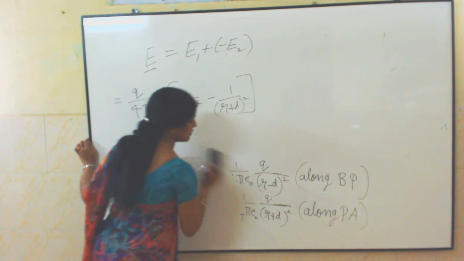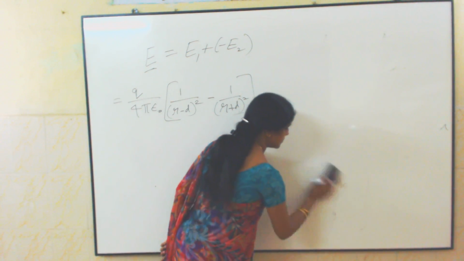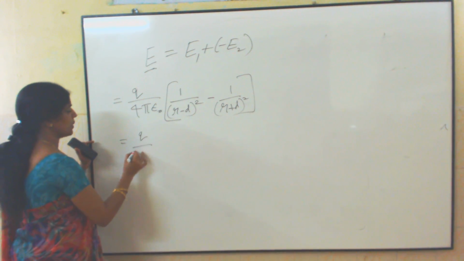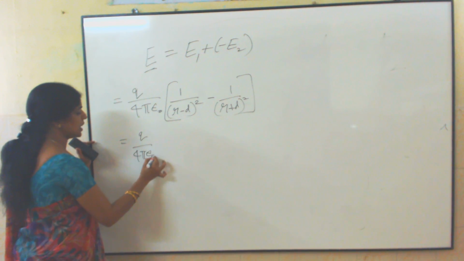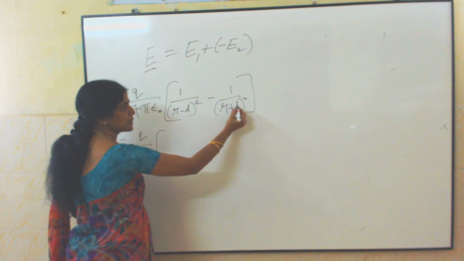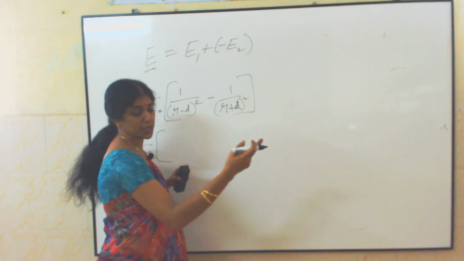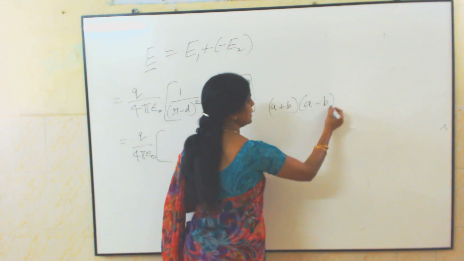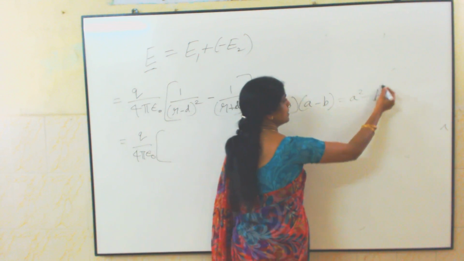Now, we will solve this. It is given by Q by 4 pi epsilon naught. So, if it is A plus B into A minus B, it is A square minus B square. So, what is A plus B into A minus B? It is A square minus B square.